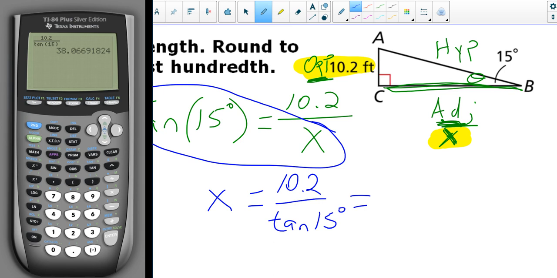It says round to the nearest hundredth. The hundredth is the second decimal place, so we'd have 38.06, and the number after the 6 is a number 5 or larger, so we'd have 38.07. And the label on that would be feet because it was a length of a side.